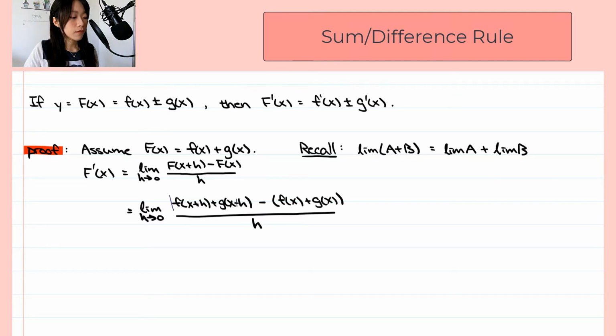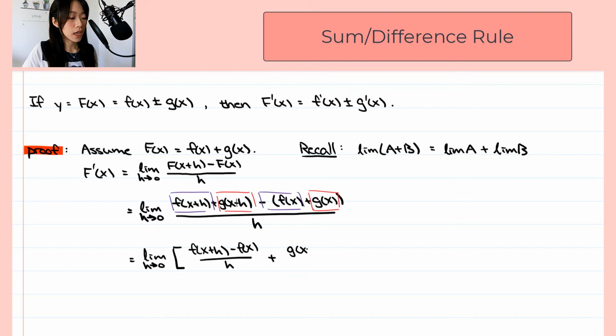Now let's group the first and the third term together, and the second and the fourth term together. So this equals the limit as h approaches 0 of f of x plus h minus f of x over h plus g of x plus h minus g of x over h.